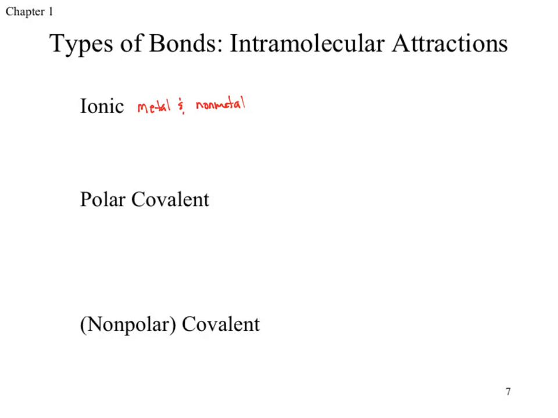What we're looking at in the variation between these, ionic all the way down to covalent, is how well the electrons are shared. Ultimately, what controls how well the electrons are shared? Electronegativity. What's our definition of electronegativity? The ability of an atom to attract, not electrons, technically, but bonding electrons.